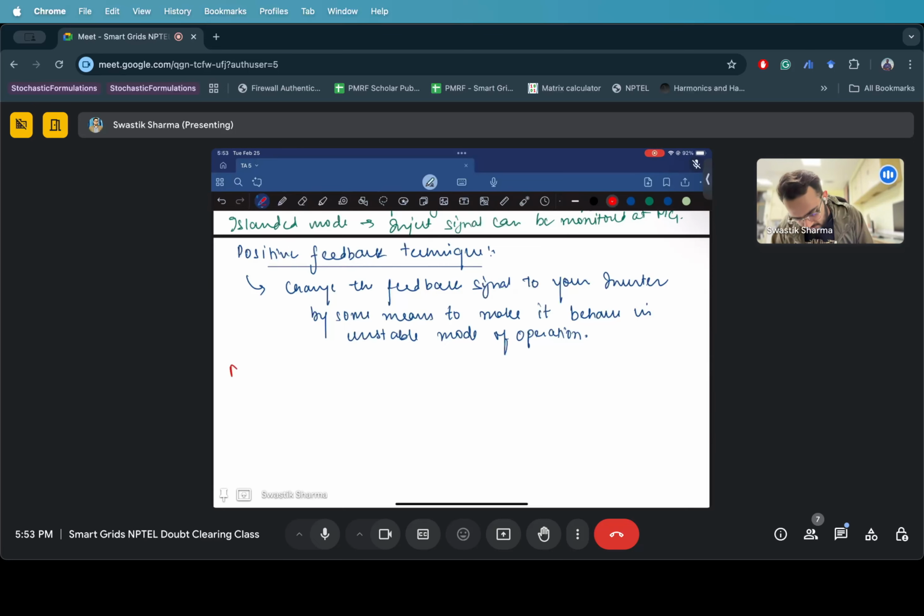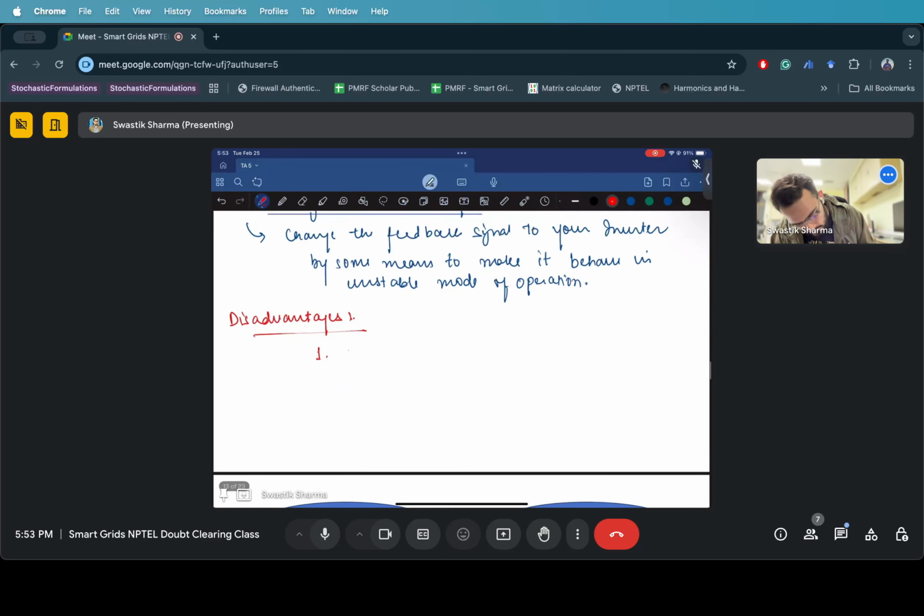So there are some disadvantages with these techniques, and these disadvantages are: one, the disturbance may cause damage to system components. Let's say you are not tracking this disturbance at all, right?